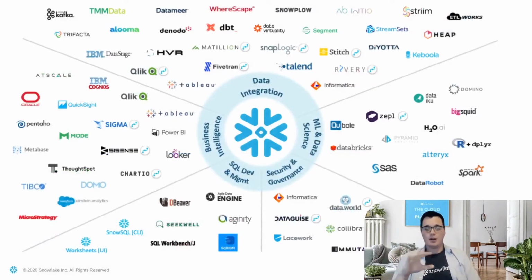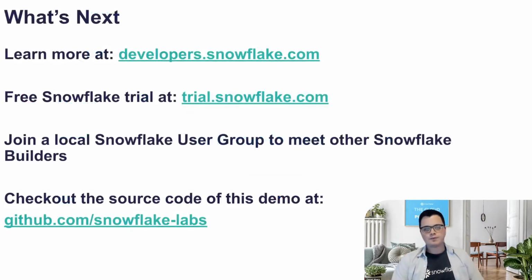We even have a broader look here from data integration, ML data science, security governance, all of these different types of ecosystem partners that you can leverage when working with your data application on top of Snowflake. So really powerful and ever-growing ecosystem of partners and applications.